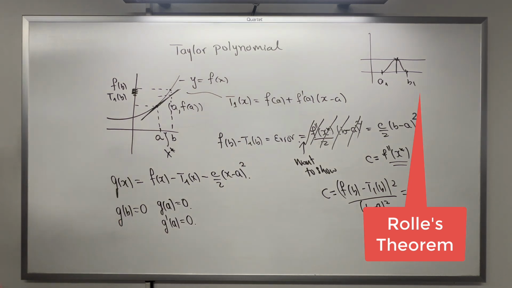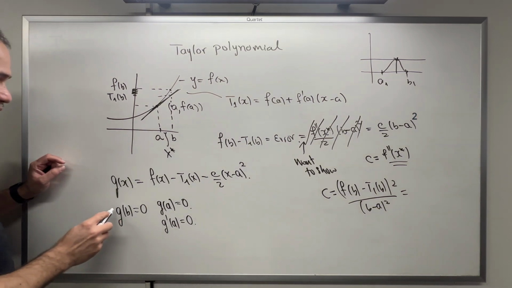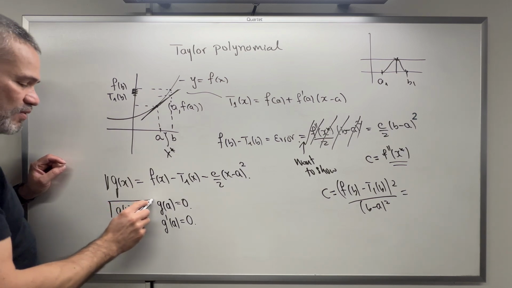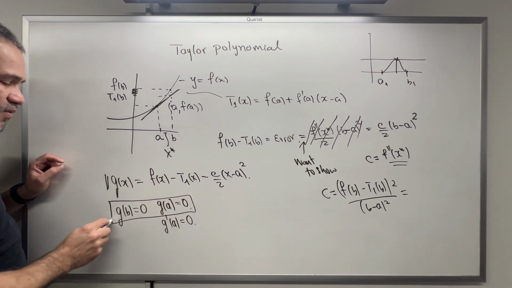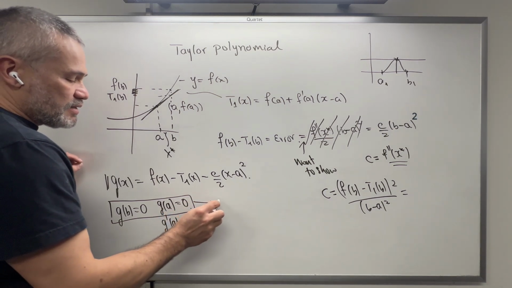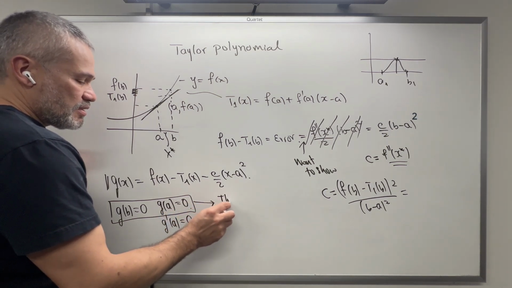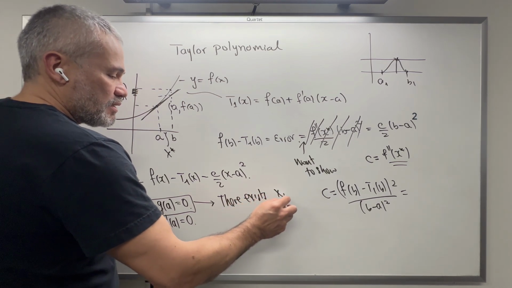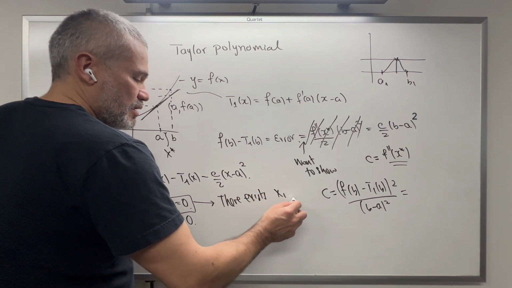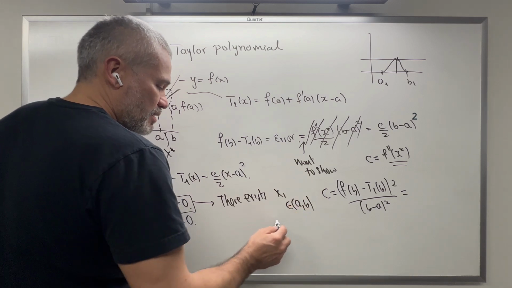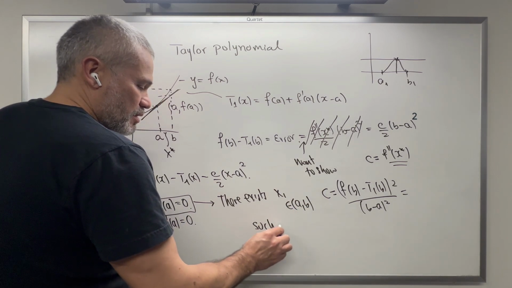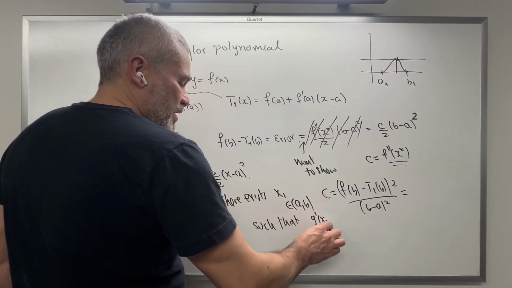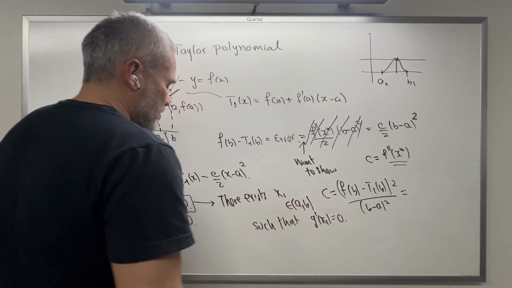Since this function satisfies that g of b is 0 and g of a is 0, there exists x1 between a and b such that g prime of x1 is equal to 0.